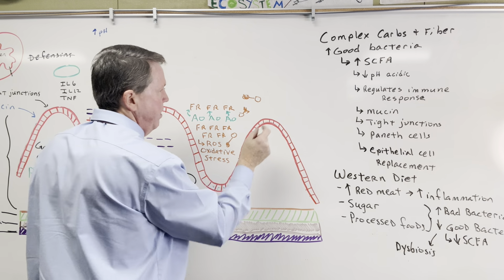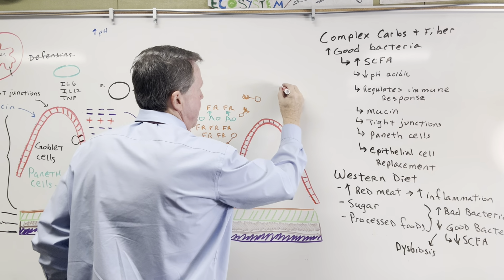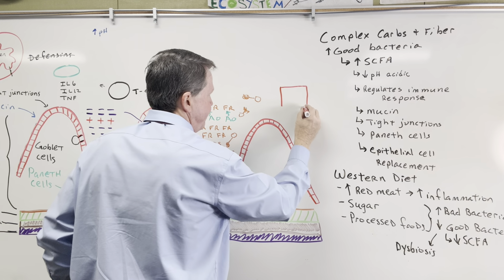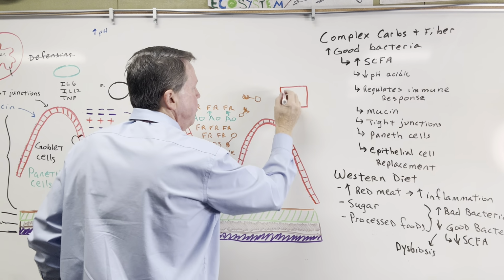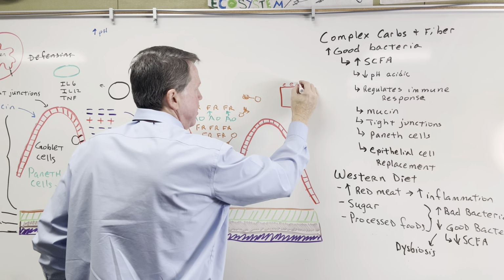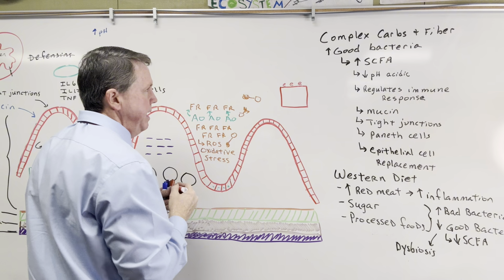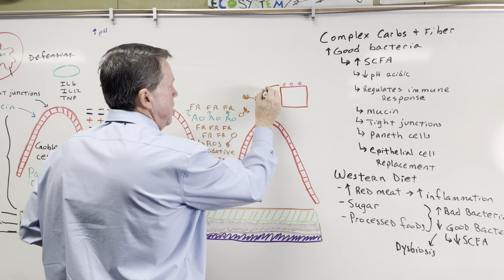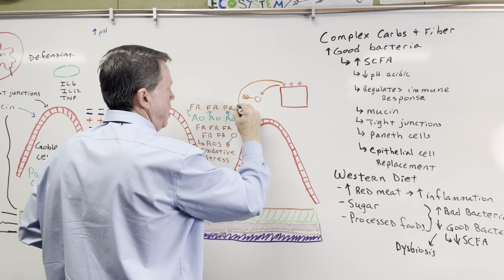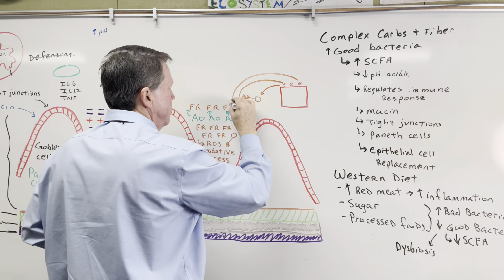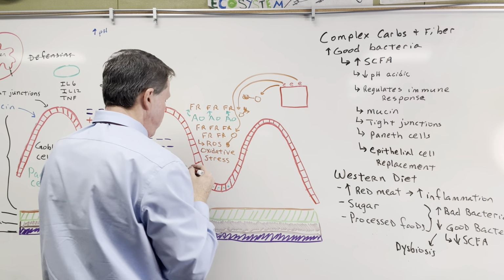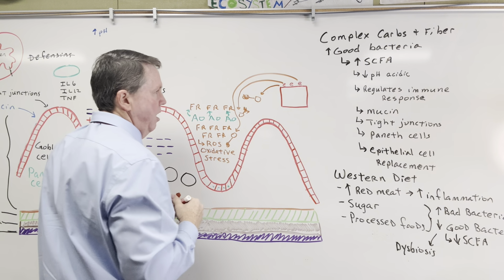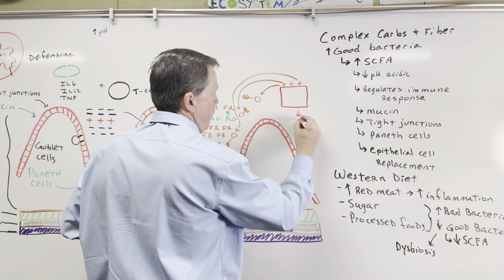Well, I'm going to take one out here, and this is going to be my epithelial cell now. And on the cell membrane, we have something called electrons. These are highly reactive, and they're going to start stealing these electrons. And because they start stealing these electrons, these cells also start to break down.